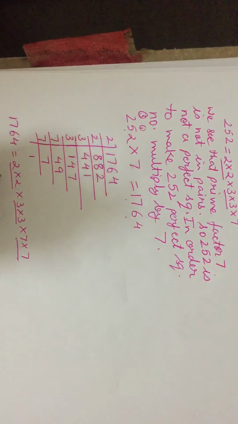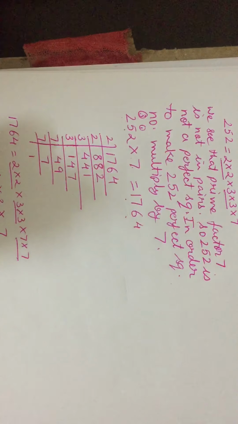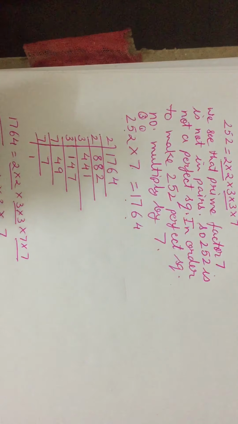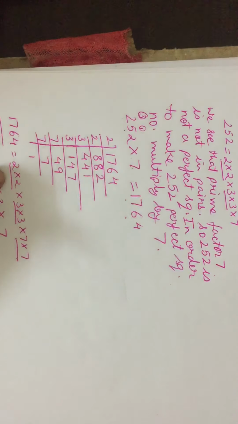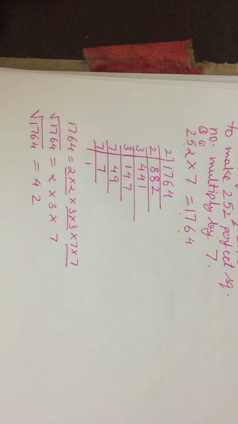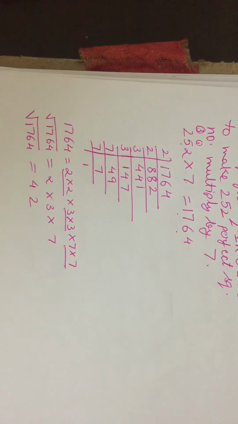Make the pairs. And out of each pair we will take one number: 2 multiplied by 3 multiplied by 7, and hence the square root of 1764. As we take one number from each pair, here we are supposed to put the symbol of square root. So the square root of 1764 is 42.